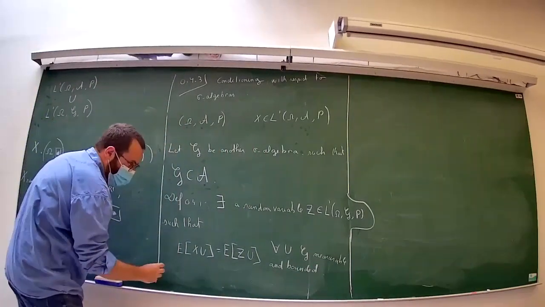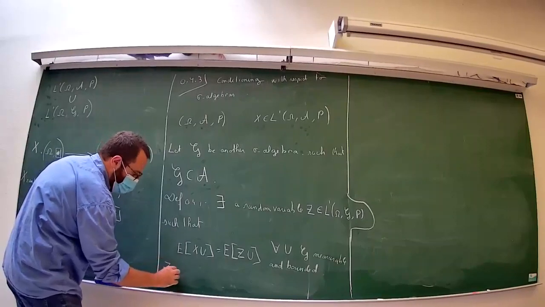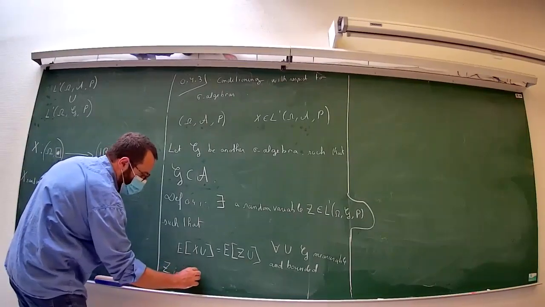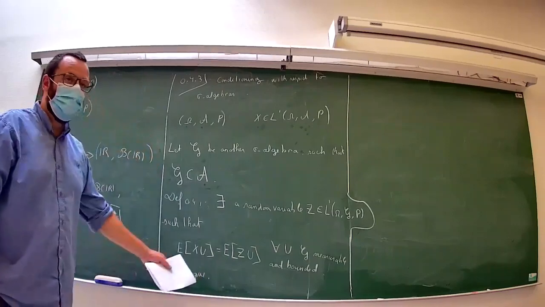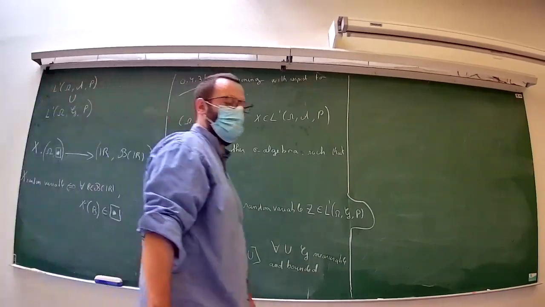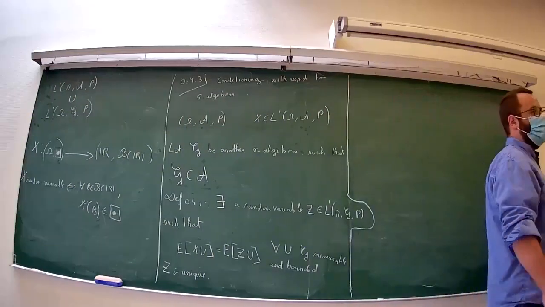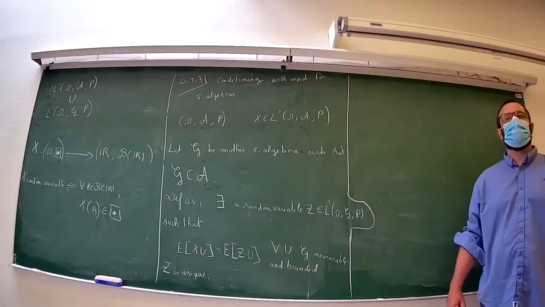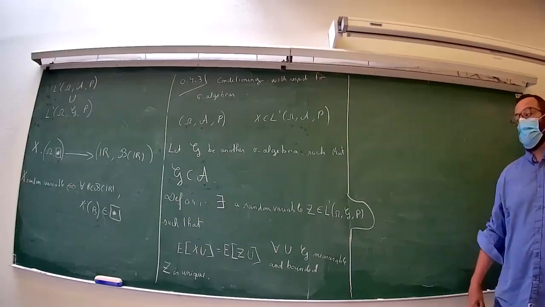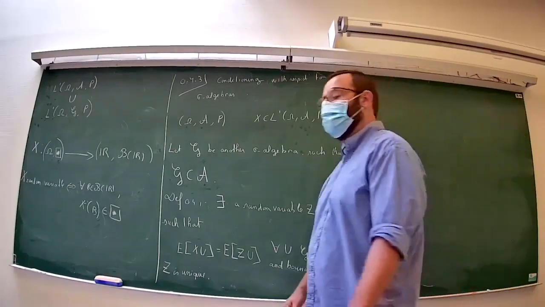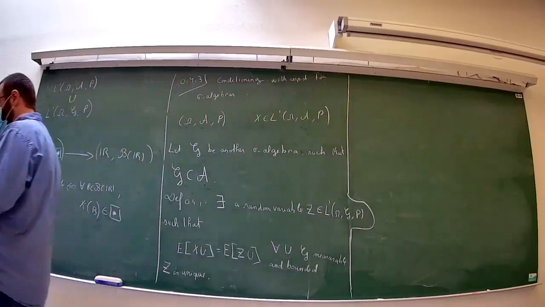And I say, moreover, that Z is unique. And when I say unique, it's up to almost sure equality. If I have two that fulfill this, the probability that the first one is equal to the second one is equal to 1. It's the meaning of equality between random variables when I have a probability.